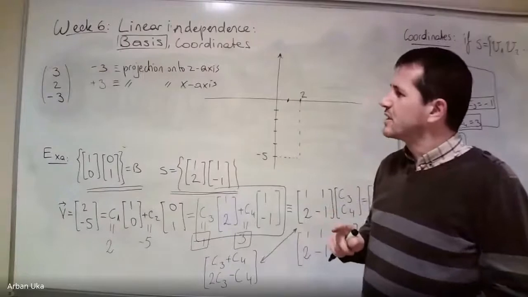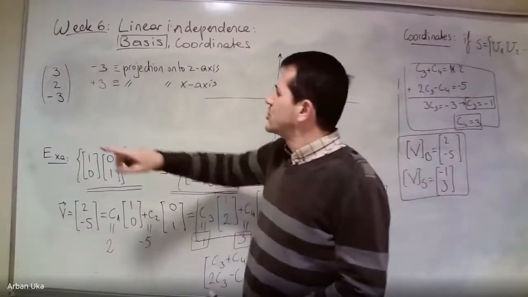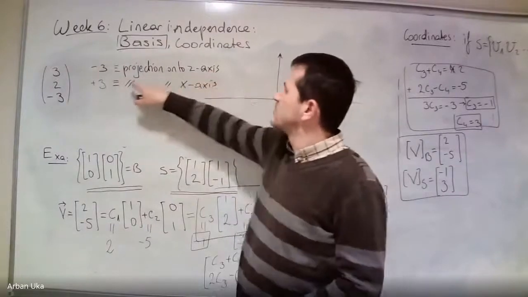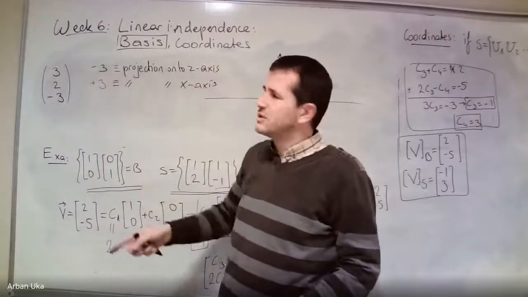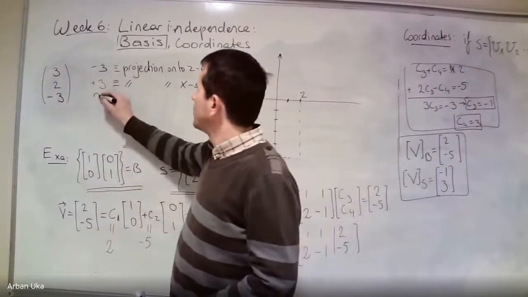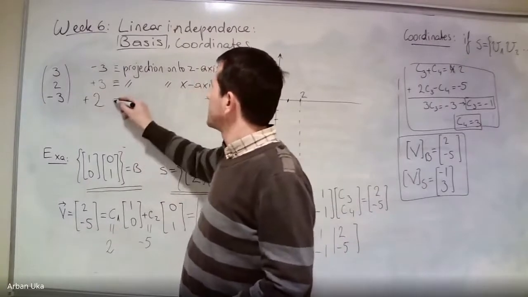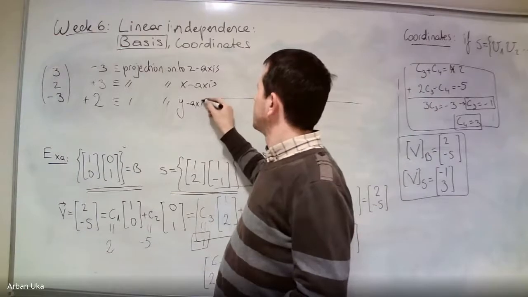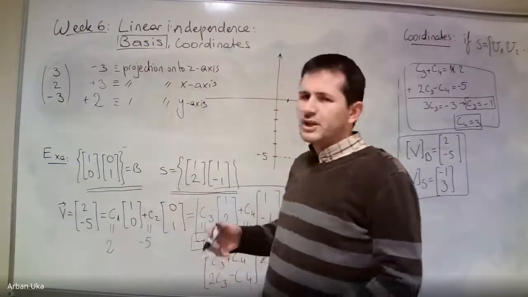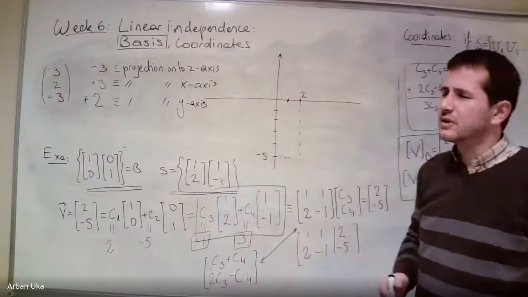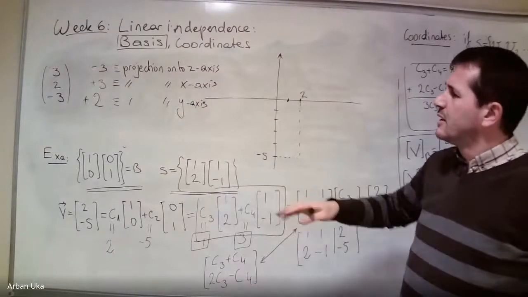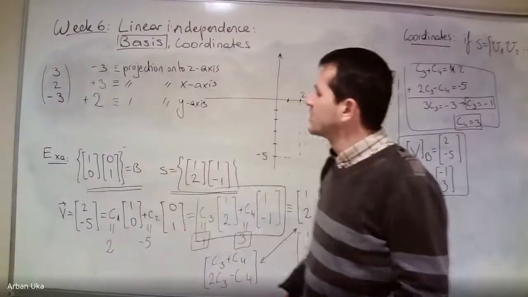If we are using the Cartesian coordinate system, the projection along the z-axis is always -3, which means it's unique. The projection along the y-axis is 2. So this is the y-axis. For each basis, we have only one set of coordinates or only one projection, and it is unquestionable that this is true. But these numbers might change if we project them in a different basis.